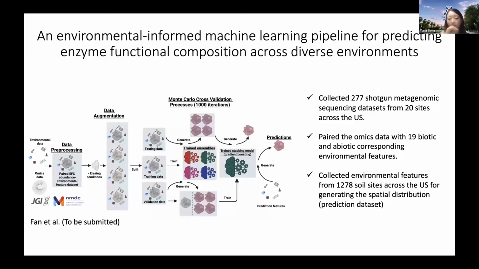Similarly here, if we randomly pick out one enzyme that accounts for a very small relative abundance from the whole database, we can build an augmented database compared with our original data sample. Another thing is that we use a Monte Carlo cross-validation approach in the machine learning pipeline.